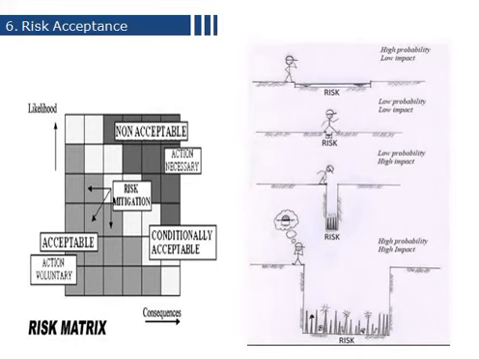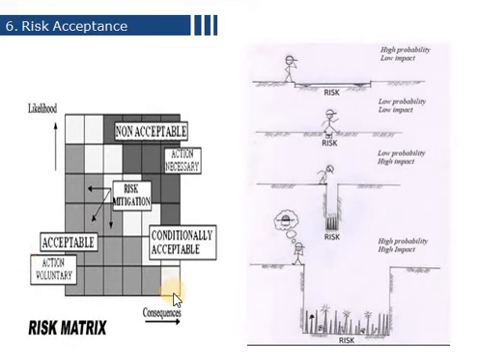Now, how would management decide whether a risk is accepted or not? Of course, we have to take into consideration the likelihood and the consequences. If the likelihood is low and the consequences are low, then this is an acceptable risk.